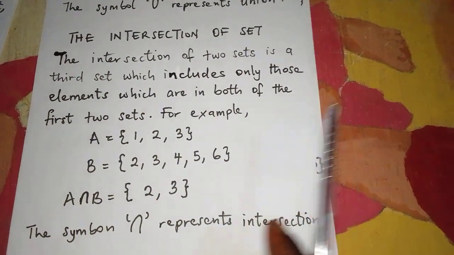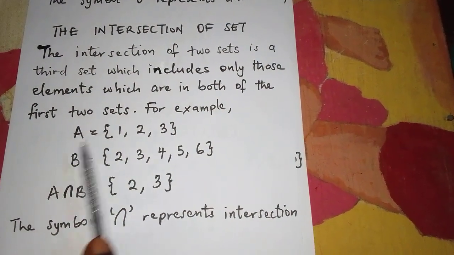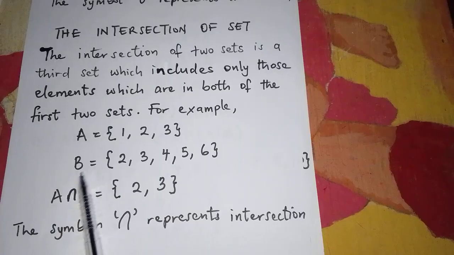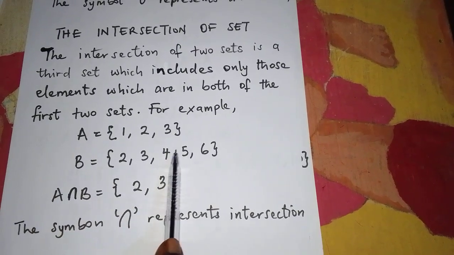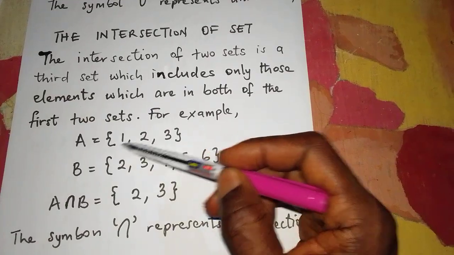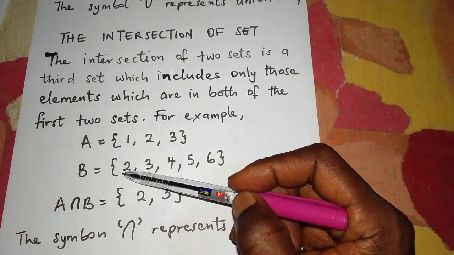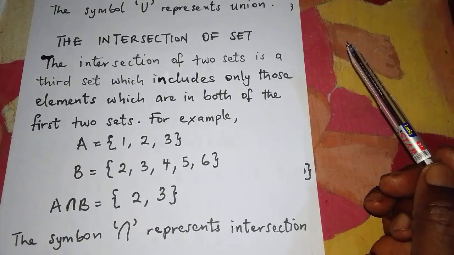For example, if in set A you have 1, 2 and 3, and in set B you have 2, 3, 4, 5 and 6, you look at the two sets A and B. What is common to them? 1 in set A is not in set B, so that's not common.